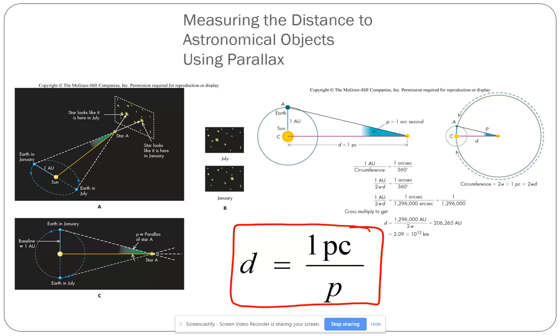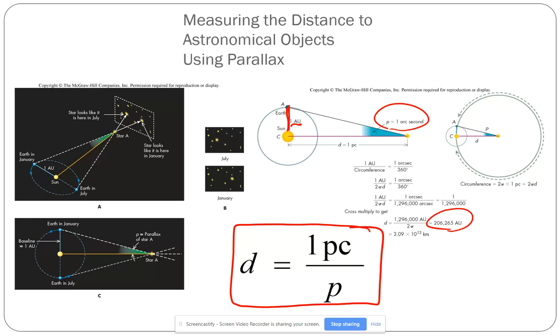If we use a baseline of 1 astronomical unit, and measure that angle P, then we get a relationship with 206,265 astronomical units on the top. So that's 1 parsec.